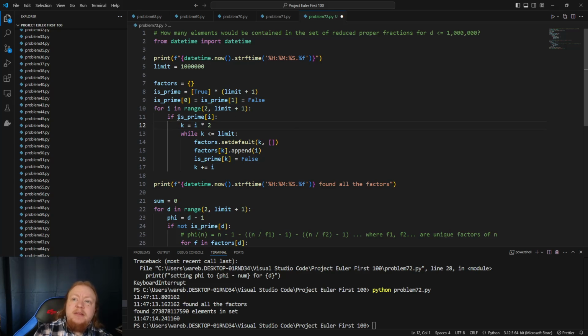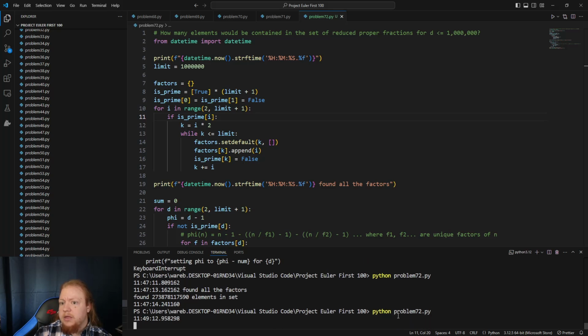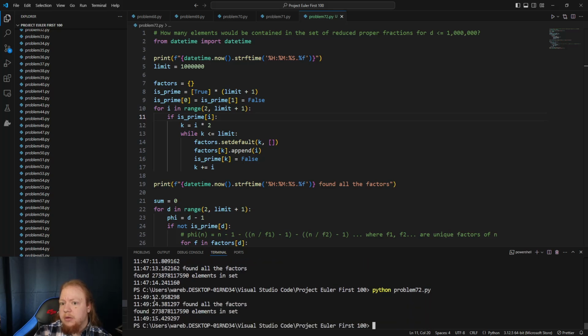This is a little bit silly because it's excessive for finding primes, but it is not excessive for finding factors. So it is going to take a bit longer. Okay, still about 3 seconds, but it also came out with the same answer that we know is incorrect.